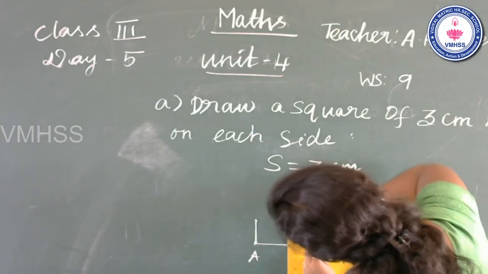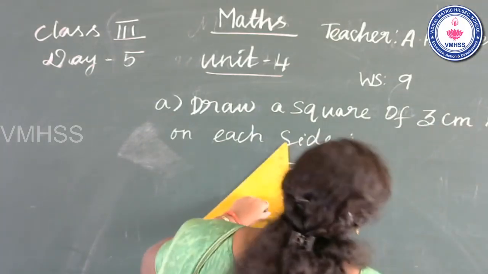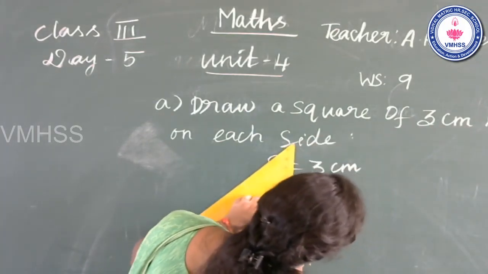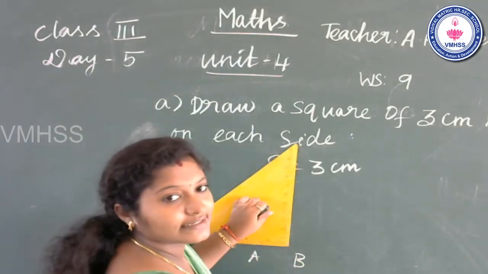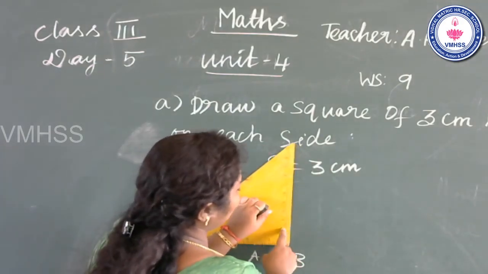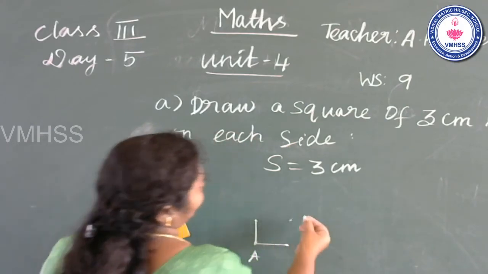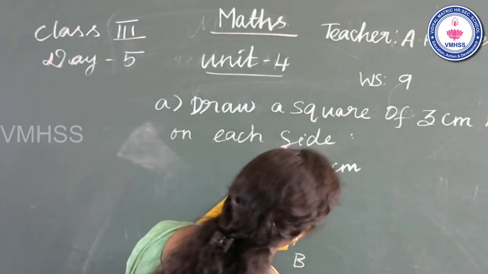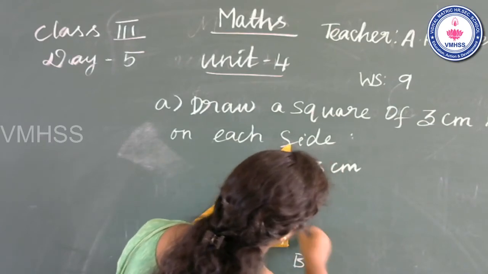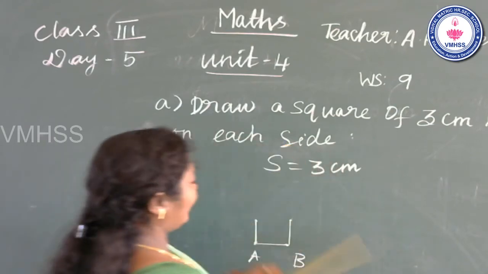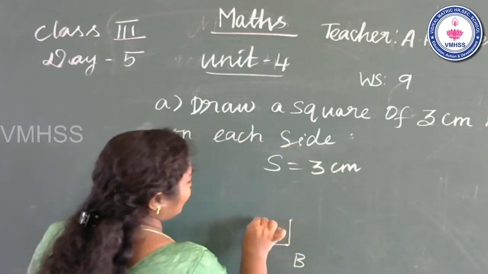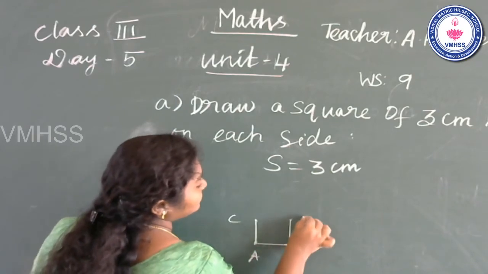Okay, 1, 2 and 3. So this is 3 centimeter. Okay, so join the vertical line. Okay ma, so these are named B, C and D.